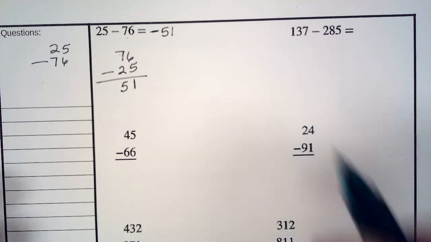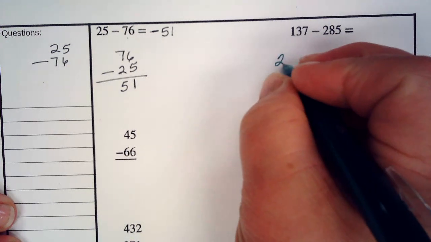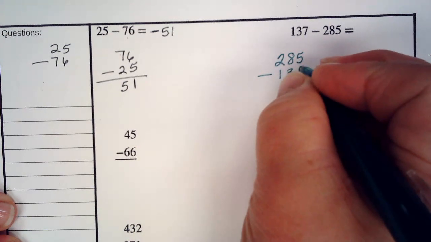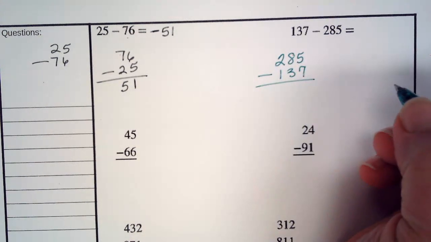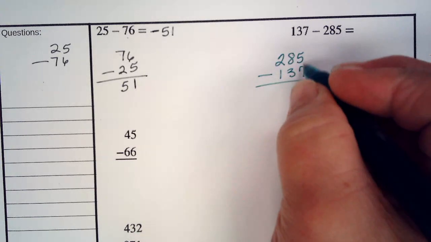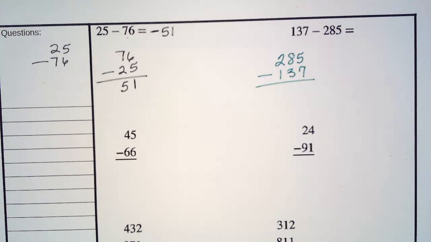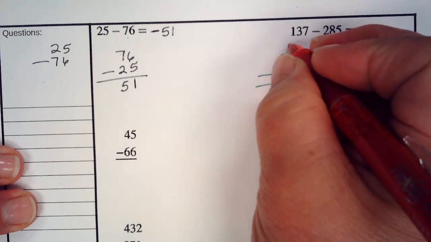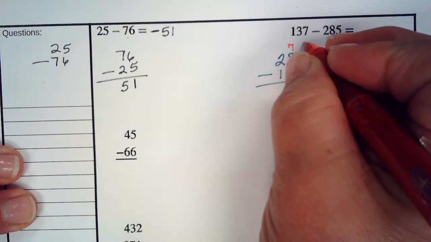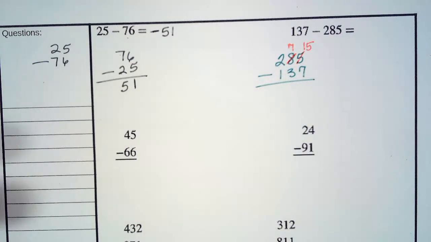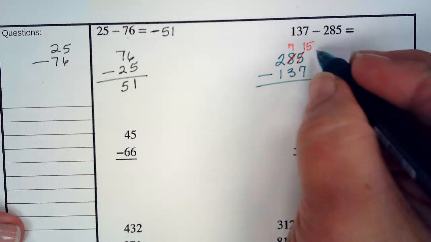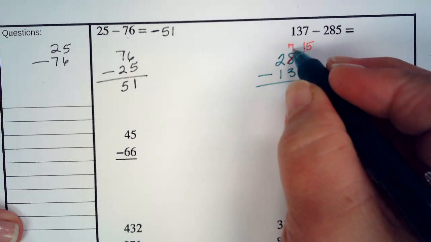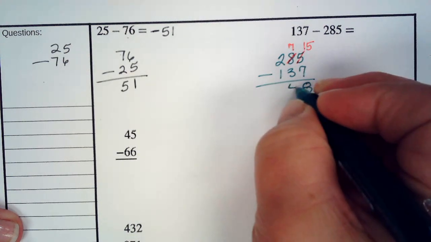So for the next one, 285 minus 137. Okay, 5 will not subtract 7, so I borrow from the 8, and this becomes 15. 15 minus 7 is 8. 7 minus 3 is 4.